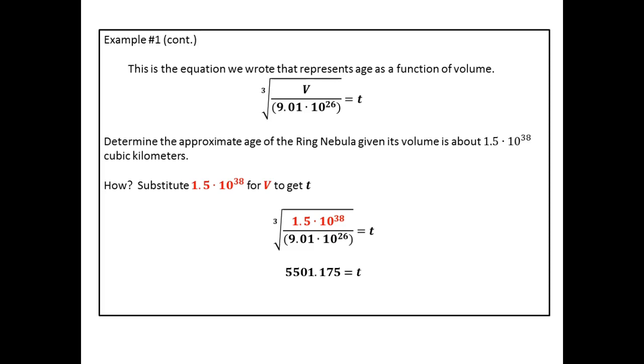So, I'm going to place the numerical expression 1.5 times 10 to the 38th power in the cube root, and I put that entire cube root in my calculator, and now I come up with a number I can handle. It's 5501.175, and it has a lot more digits than that after the decimal point, but I rounded them. And now I have solved for T, the age of the Ring Nebula.